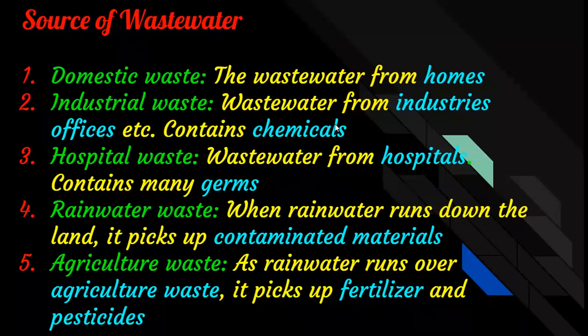As rainwater runs over agricultural land, it may pick up fertilizers and pesticides. Fertilizers contain nitrates and phosphates, and pesticides contain poisonous substances that are harmful to fish and other animals, including humans.